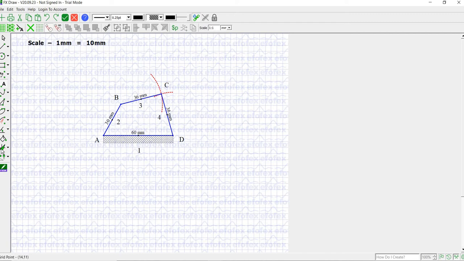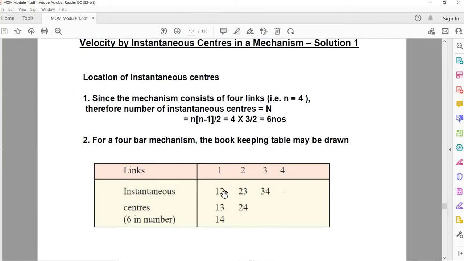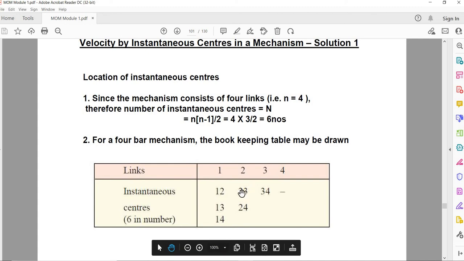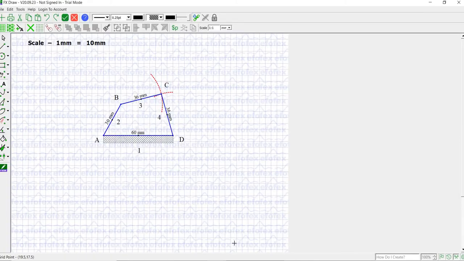From the table diagram, we know we have 6 instant centers: I12, I13, I14, I23, I24 and I34. We are now going to locate all these instant centers. This is link 1 and 2, so definitely this point will be an instant center, I12.